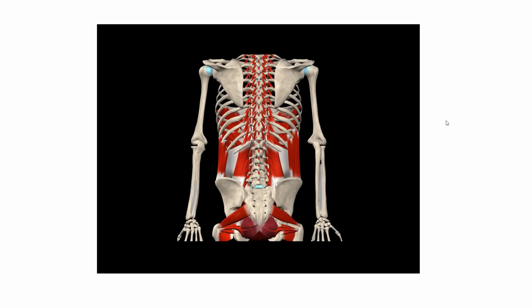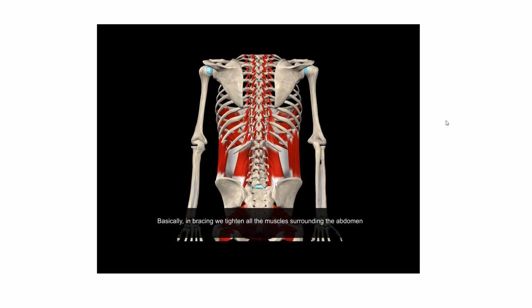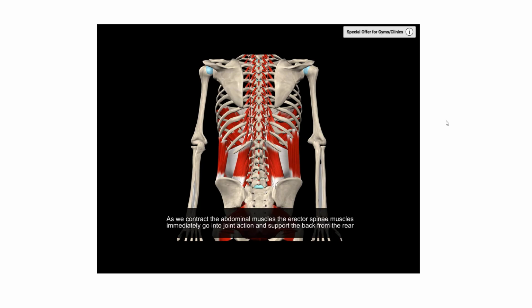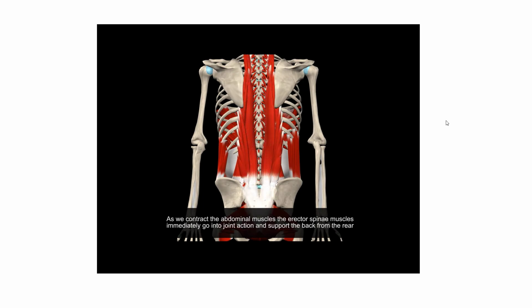And now they're going to spin the patient around so we can see the posterior side. So all the muscles help to support the spine and the abdominal wall as they contract. There's the erector spinae.